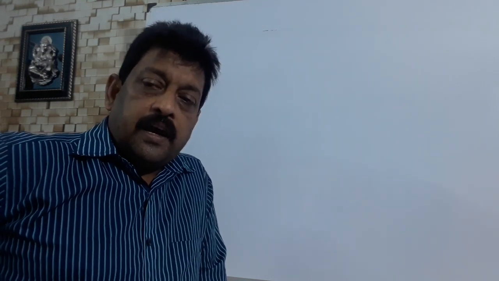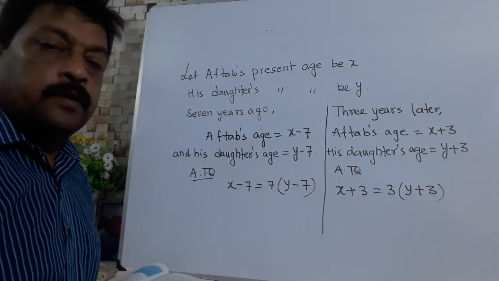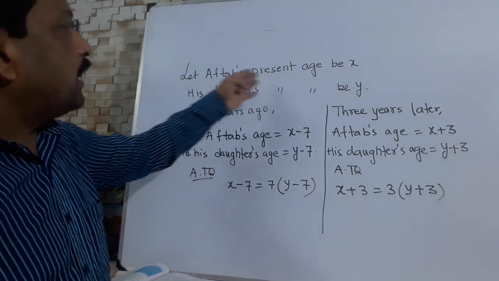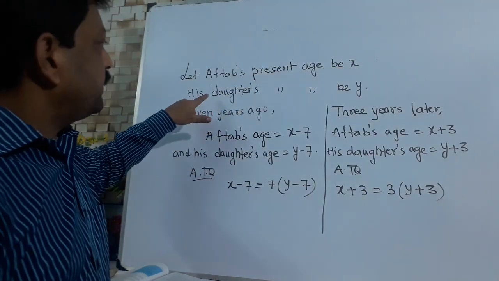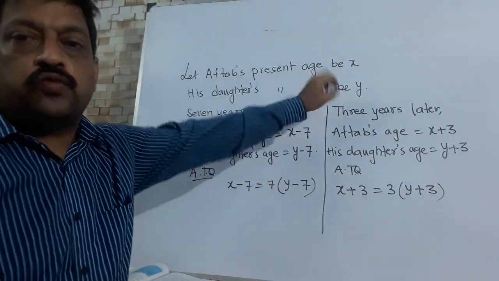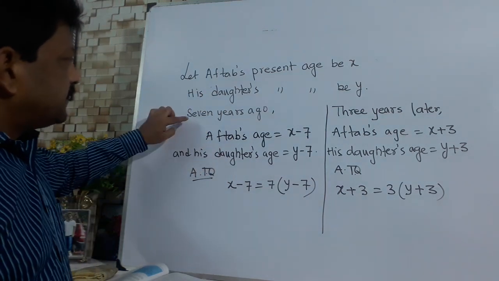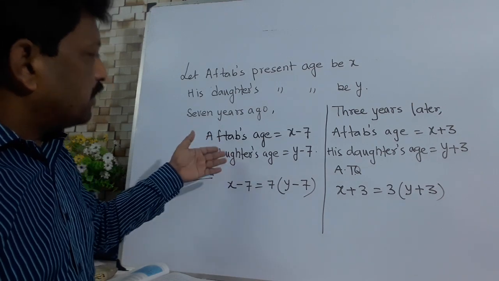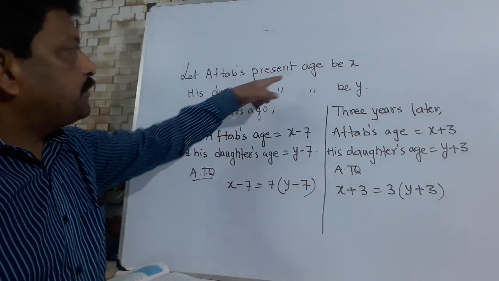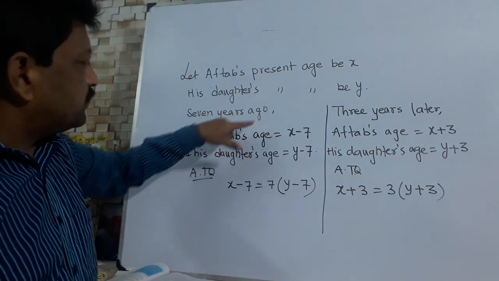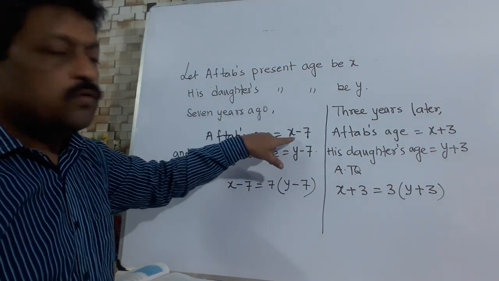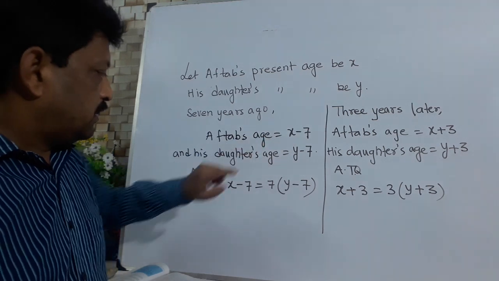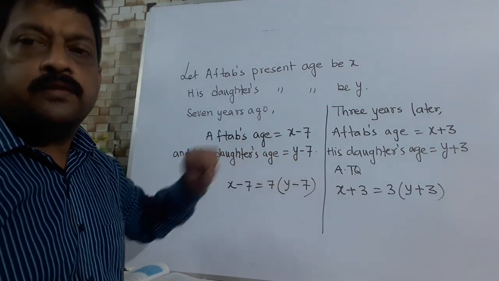So let me take Aftab's present age as X and his daughter's present age as Y. Now Aftab says that 7 years ago, so according to the question, if Aftab's present age is X, then 7 years ago Aftab's age was X minus 7 and his daughter's age was Y minus 7.